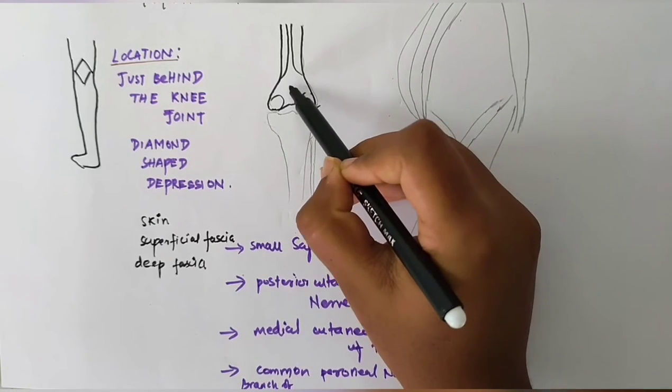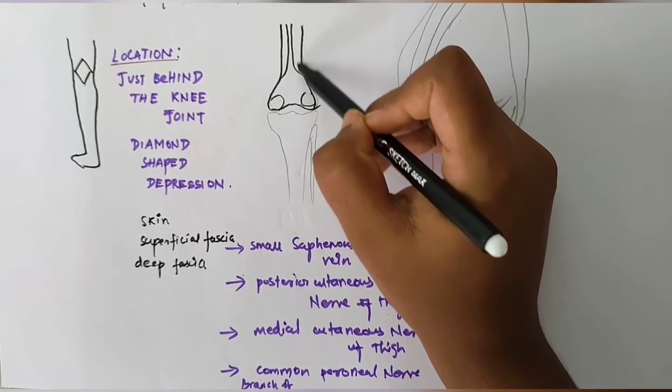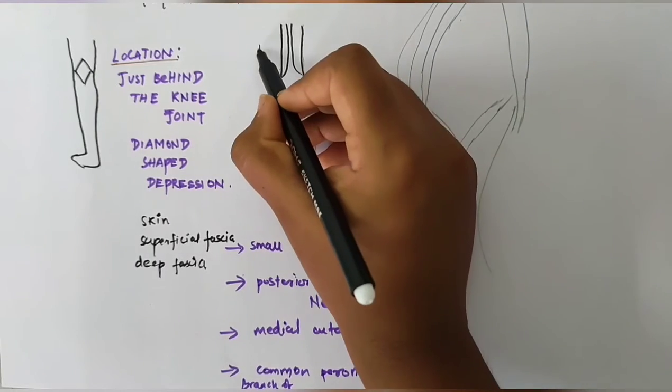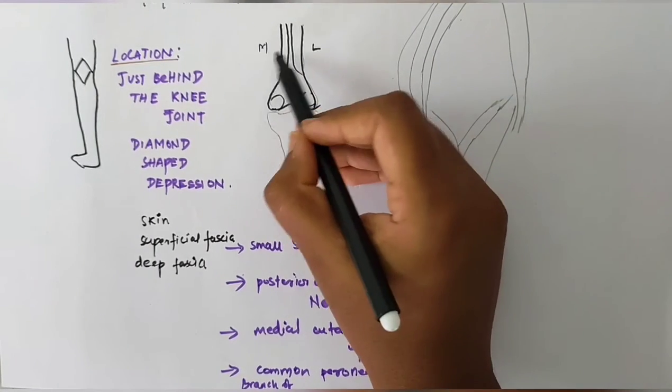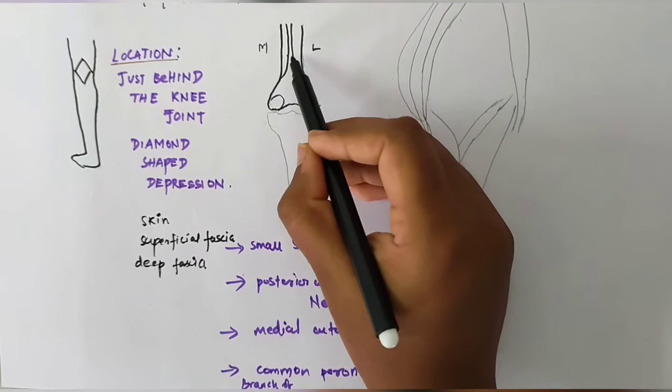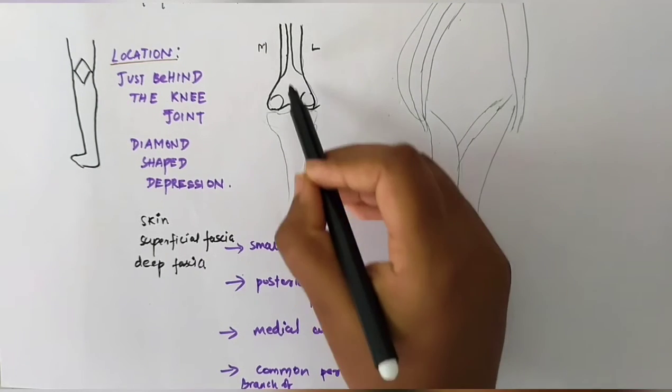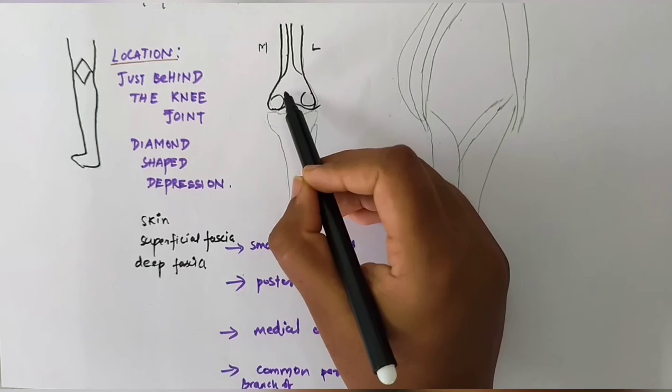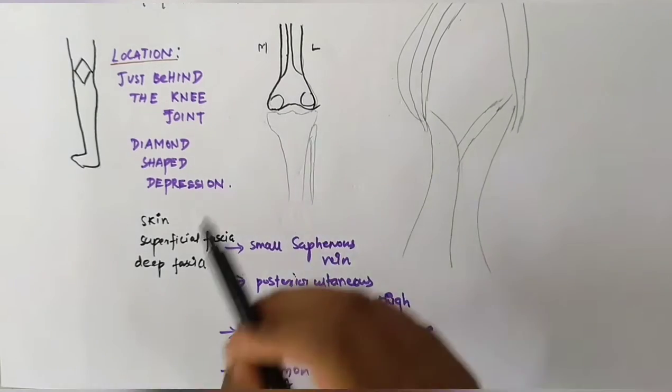This is the popliteal surface of femur bone, and this is the linea aspera. This is medial side and this is lateral side. Medial lip of linea aspera and this is lateral lip of linea aspera. And this is the popliteal surface of femur.